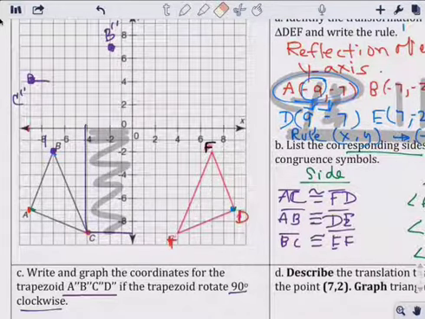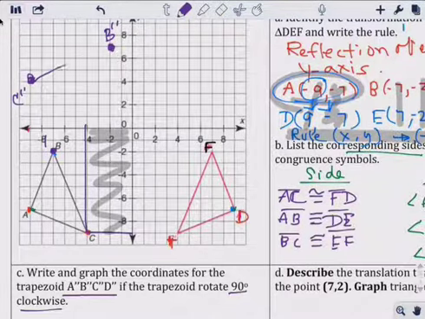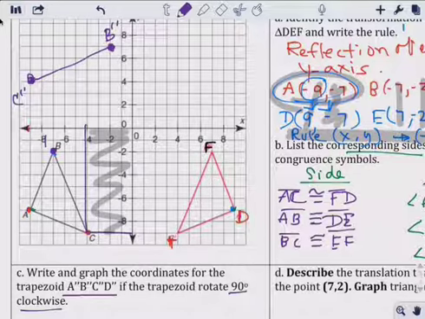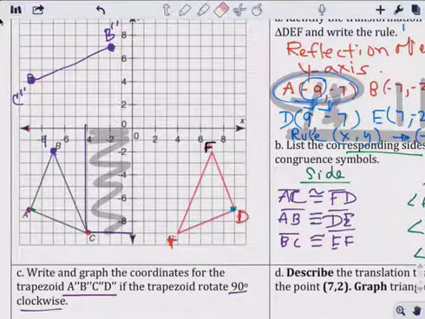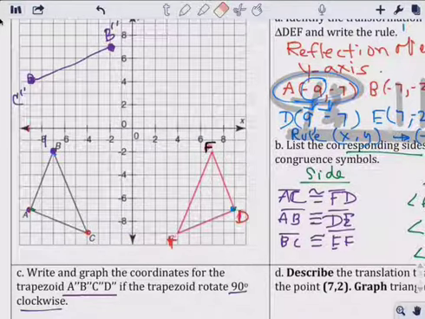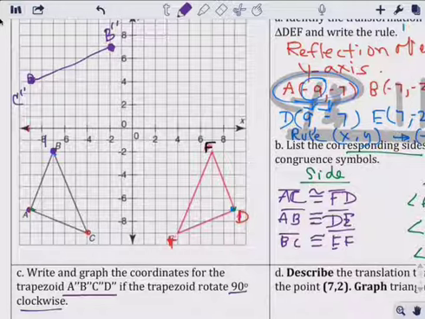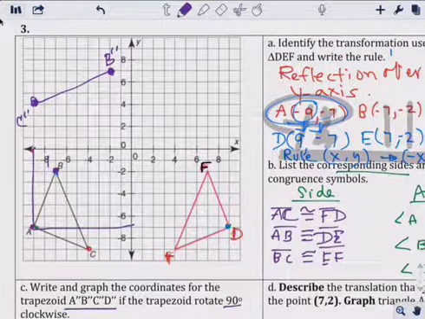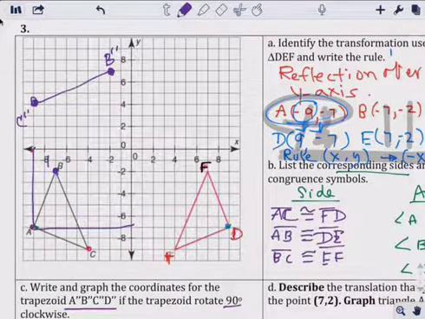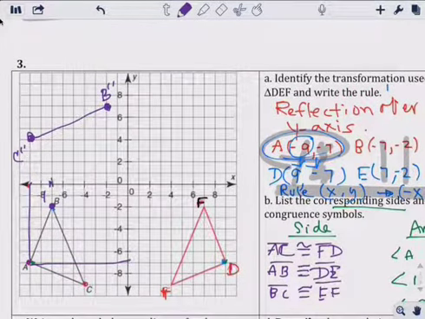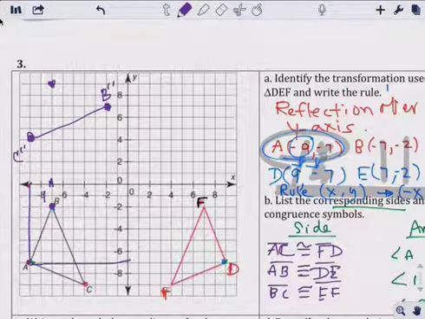Now the other one that I'm missing is A. On the test, use a pencil, so you can erase it. That's 9, 7, so it becomes 7, go up to 9, right here. 9, 7, so it becomes 7, 9.